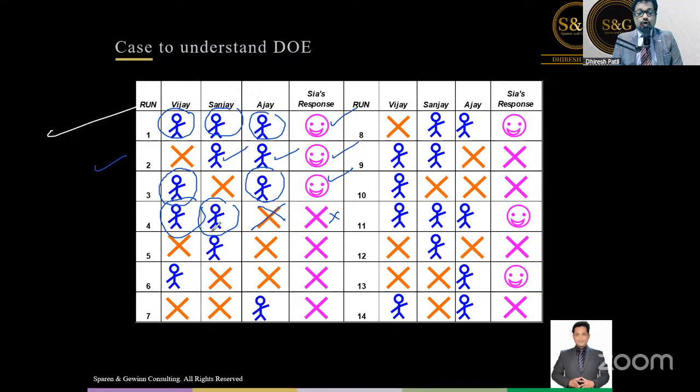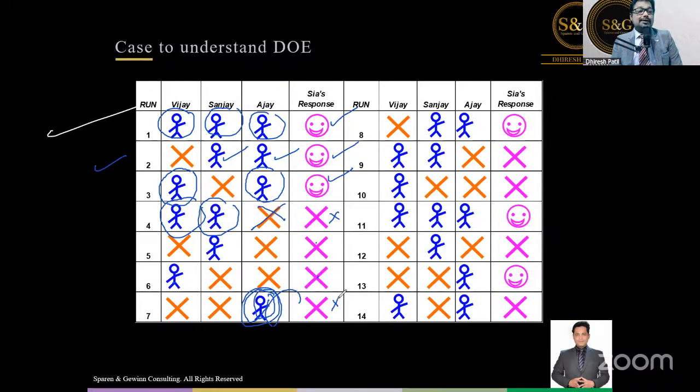So the experiment continued. Sanjay went alone. She didn't smile. Vijay went alone. She didn't smile. Now the seventh run: Ajay went alone, and that day also she didn't smile.